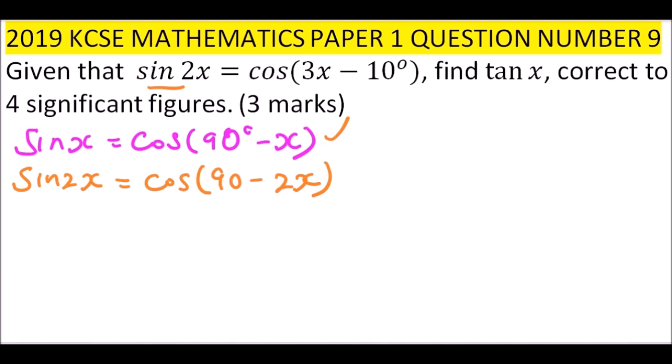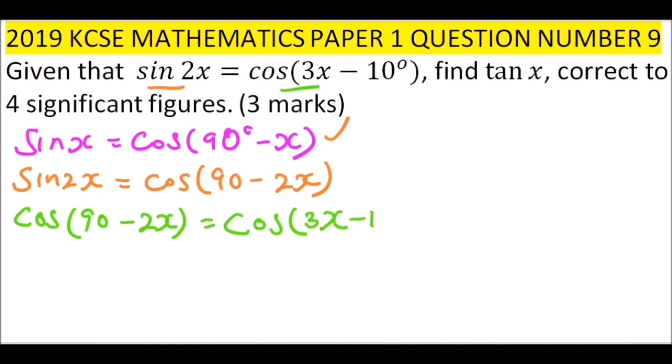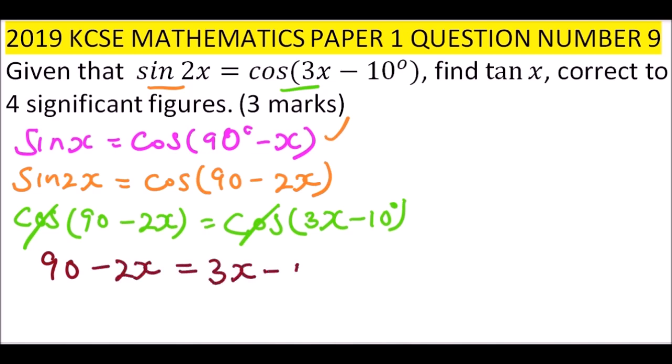Then sine 2x will be represented by cos (90 minus 2x), equal to the cosine on the other side, which is cos (3x minus 10). So we can take the cos inverse, or simply cancel that, and we will have 90 minus 2x is equal to 3x minus 10.